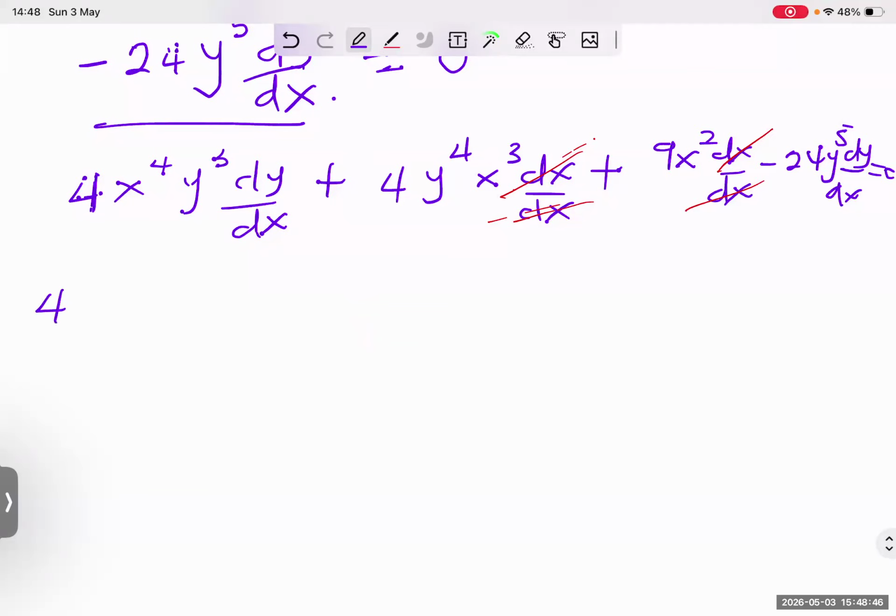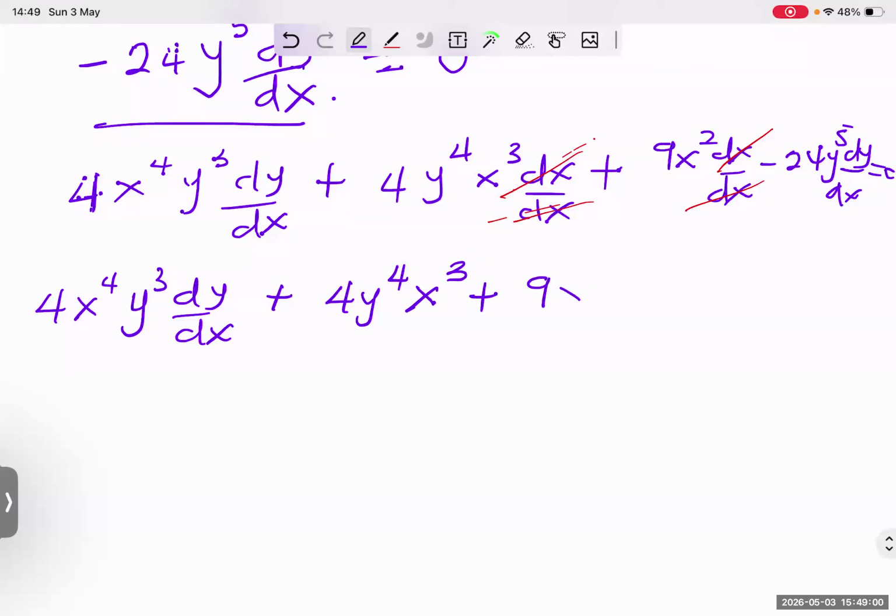And so we have 4x^4 y^3 dy dx plus 4y^4 x^3 plus 9x^2 minus 24y^5 dy dx. This is equal to 0.